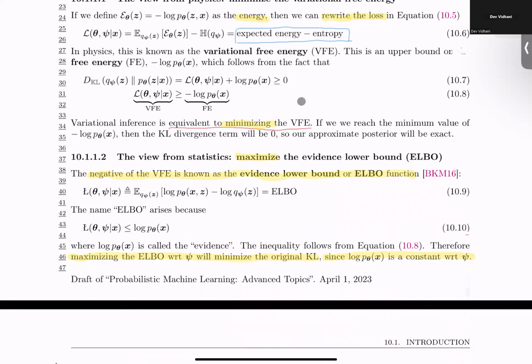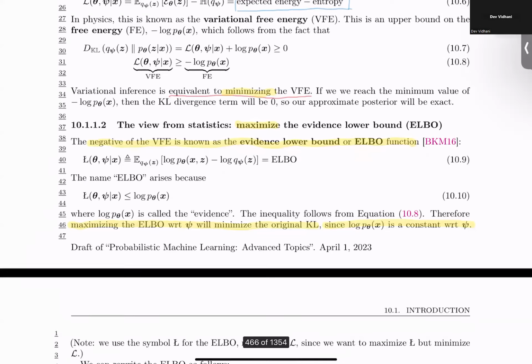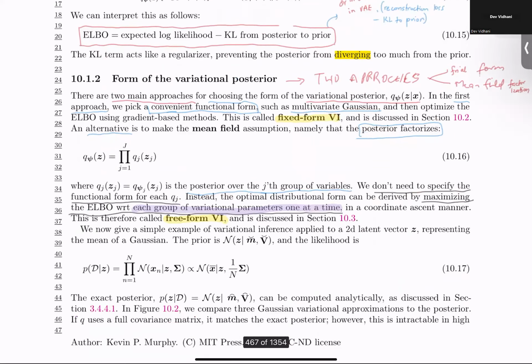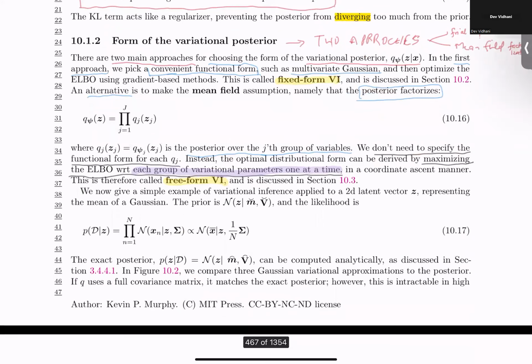ELBO is the evidence lower bound, and O is for optimization. So the entire set of techniques for VI are to maximize ELBO, and optimization techniques for that. There are 2 different kinds, fixed form variational inference and free form variational inference. Fixed form is where you fix the parameters, the free form is where you have a set of parameters that are independent.